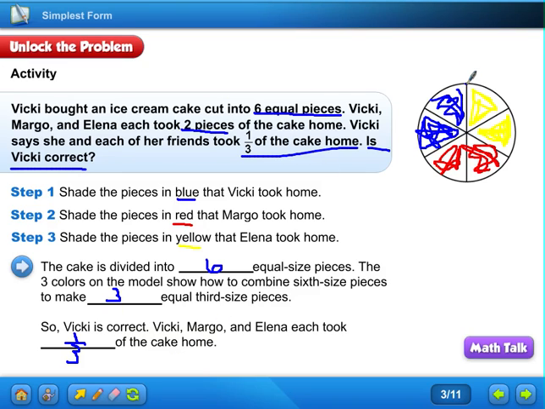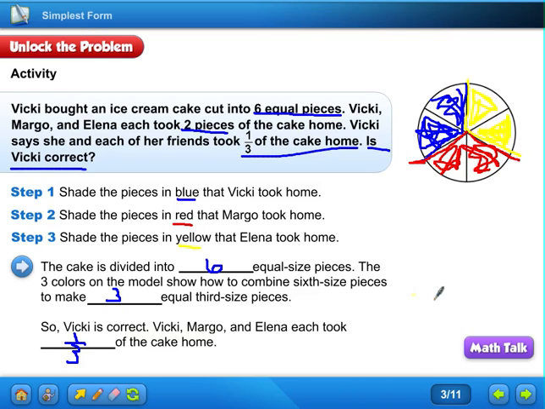So if you broke it up like this, there was 1/3. The red over here is 1/3. And the yellow is 1/3.